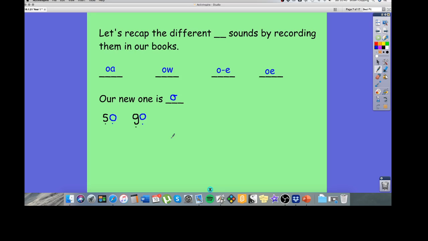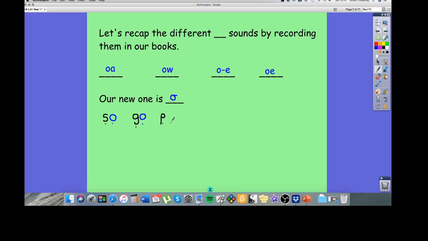Now let's have a go at potato. Po-ta-to. Potato. You'll notice that the O sound in these words are all at the end. Here we go then.